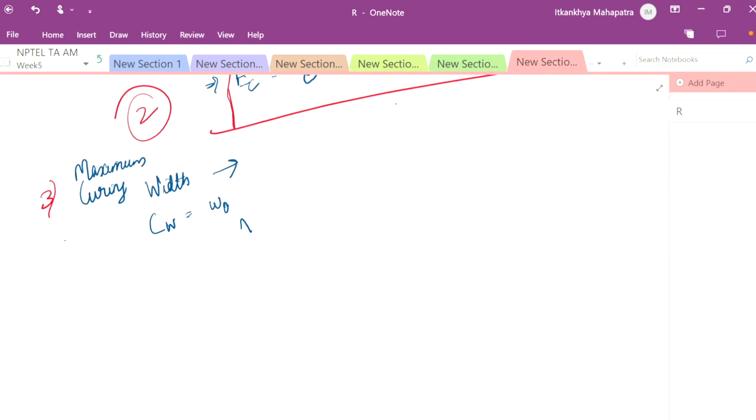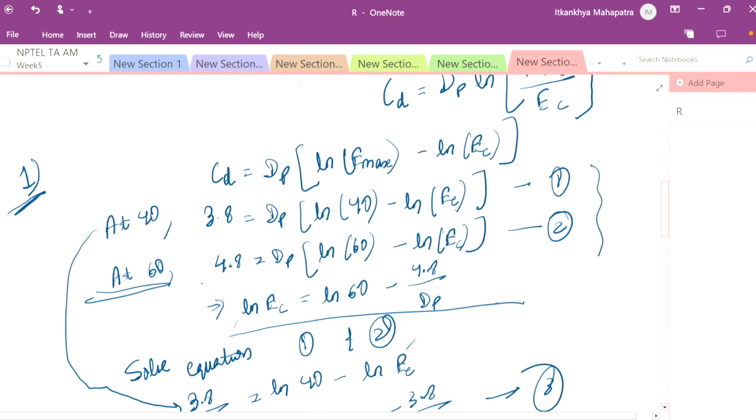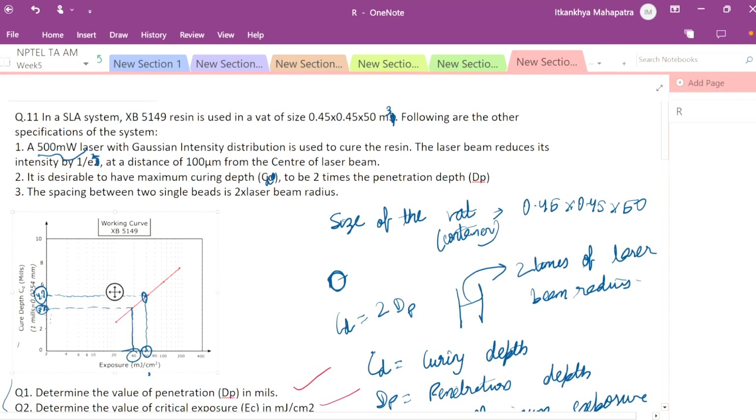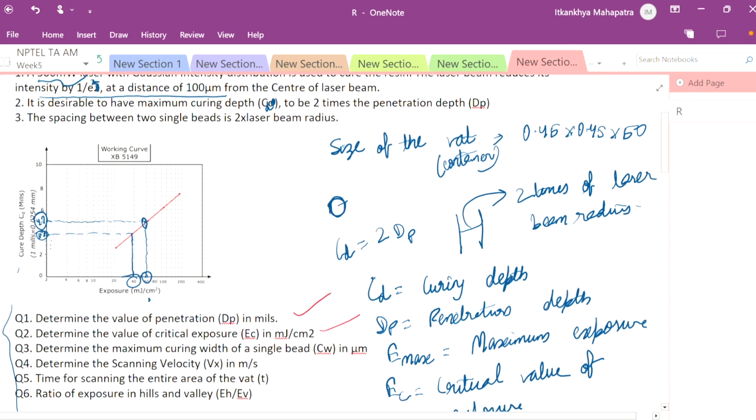So CW is equal to W0 root of 2 CD by dP. Now W0 is the R value where beam intensity, as it is given here, reduces its intensity at a distance of 100 micrometer from the center of the laser beam.